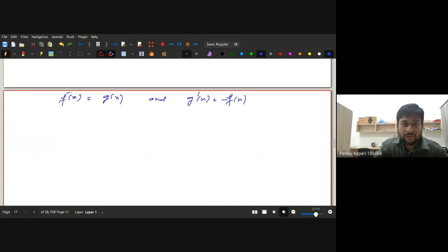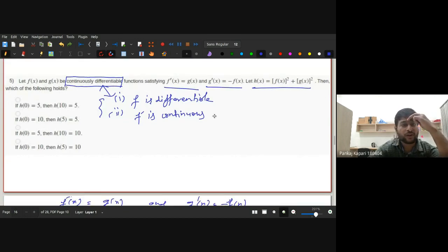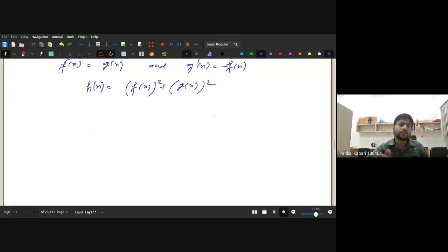And we have this function h(x), which is f(x) whole square plus g(x) whole square. Then we have to say something about this function h.